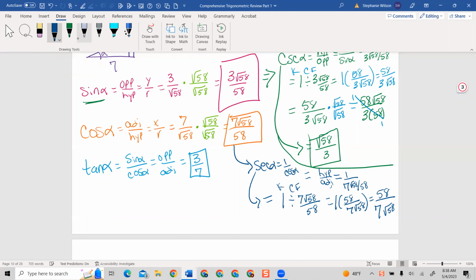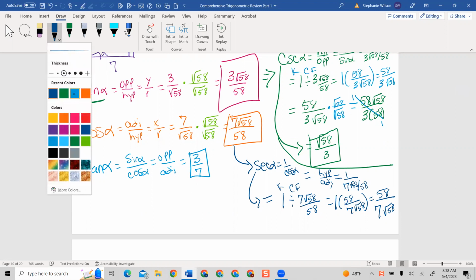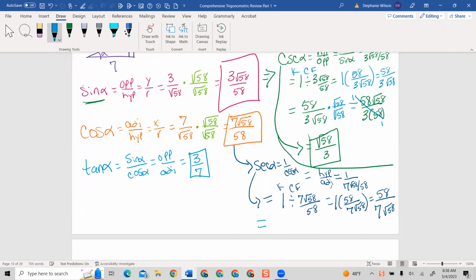Okay, we have a rule. We can't have a root in the denominator. So I'm going to multiply that fraction by the conjugate, which is the square root of 58. So now I get 58 square root of 58 all over 7 times 58.